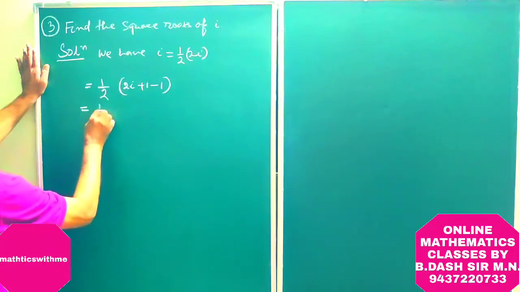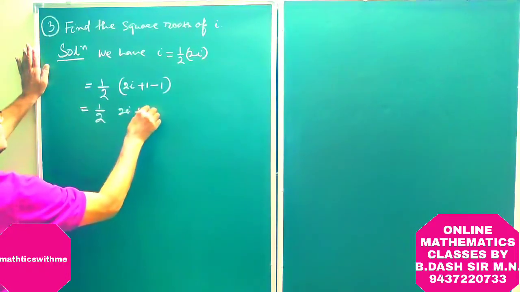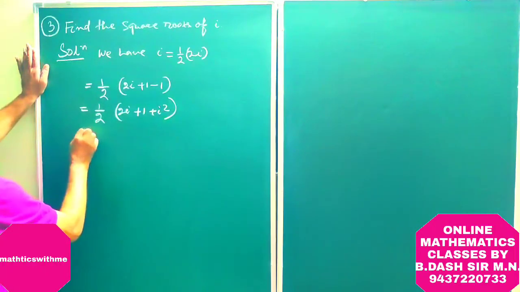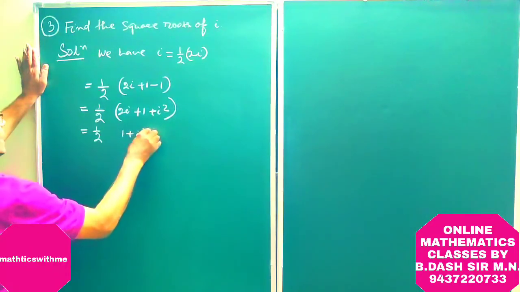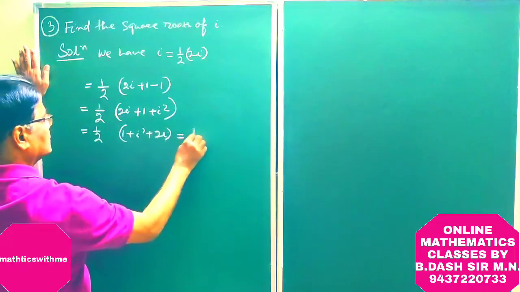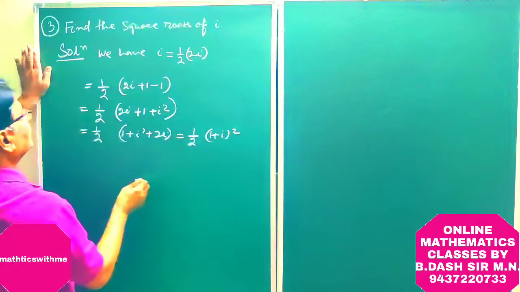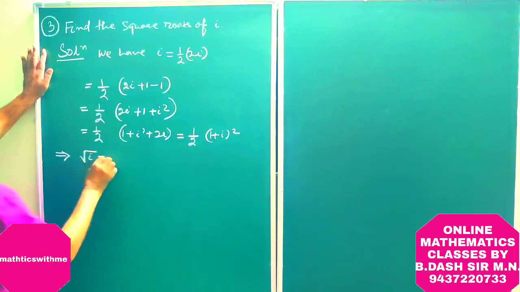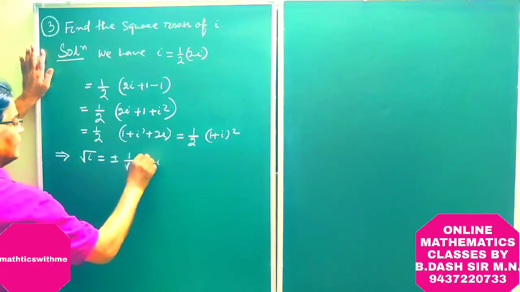This equals 1/2 (1 + i² + 2i), which is 1/2 (1 + i)². So this implies the square root of i is equal to ±(1/√2)(1 + i). Answer.